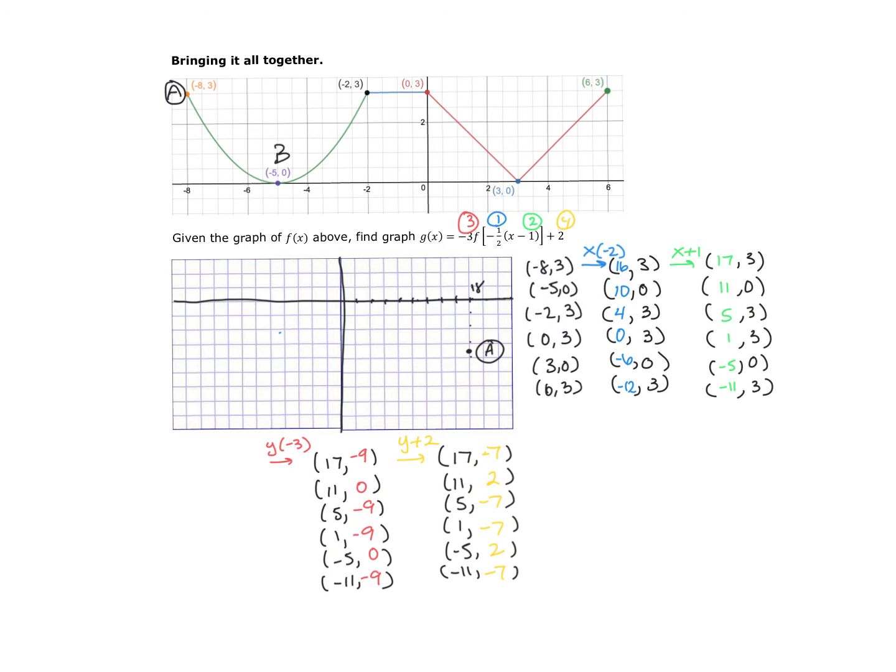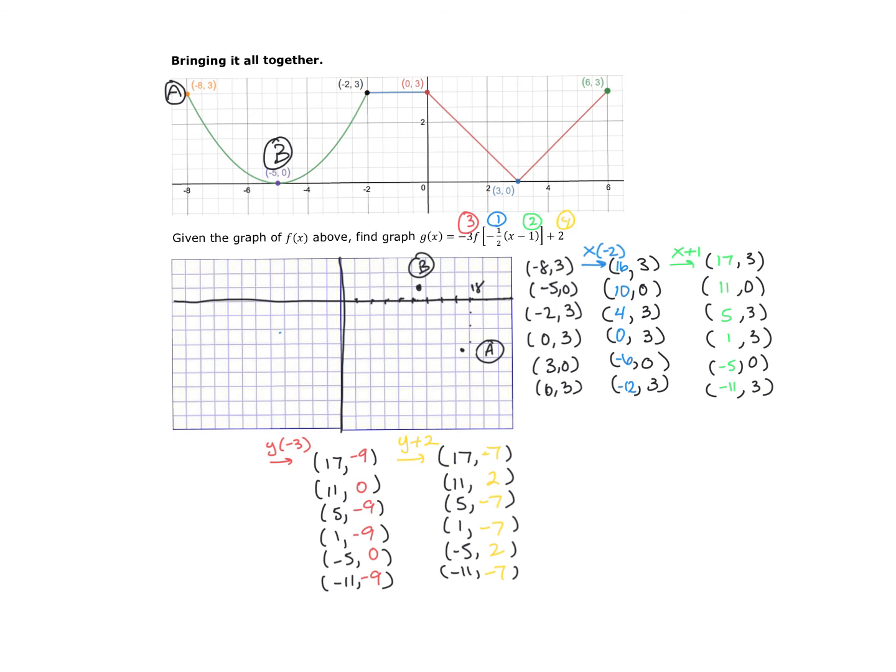Here's my point B. My point B went to 11, positive 2. So 2, 4, 6, 8, 10, 12, 14, 11 is right there, and positive 2 is right there. So this is where the point B went to. And I need to move the A over just slightly because I am at 17, not 18.